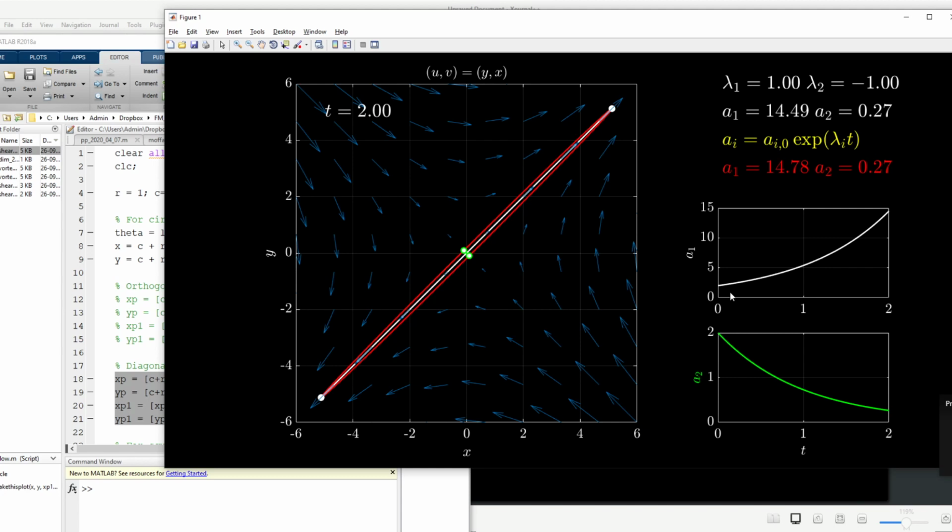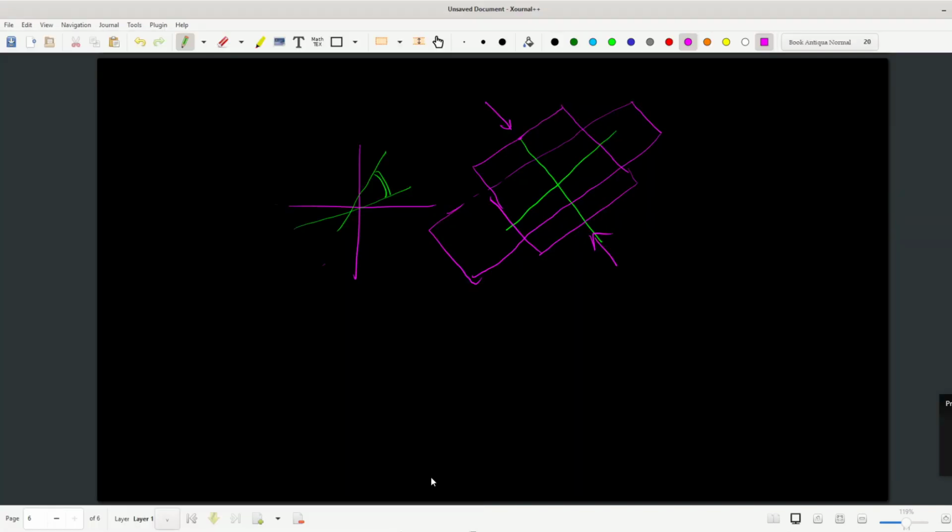All right, but the fact is this growth is exponential, this decay is exponential, meaning, let's go back over here. So if I call this axis length a1 and this axis length a2, dA1/dt is equal to lambda 1 times a1.